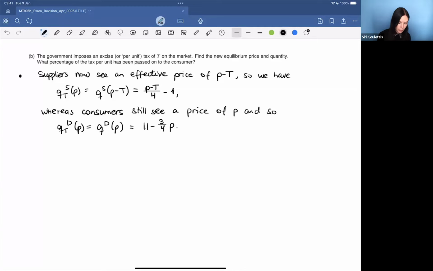And now we find the new equilibrium price by solving the simultaneous system of these two equations.